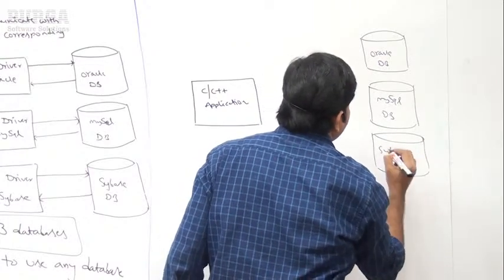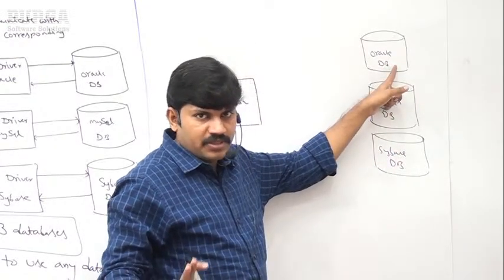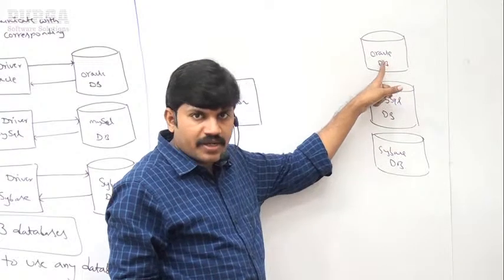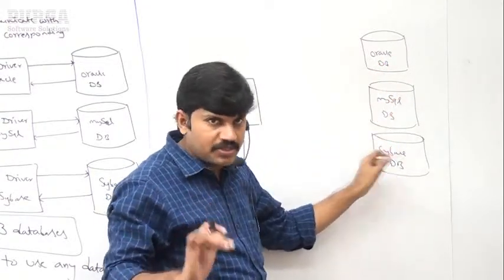How many databases are available? Three. The first one is Oracle, the second MySQL, the third Sybase.